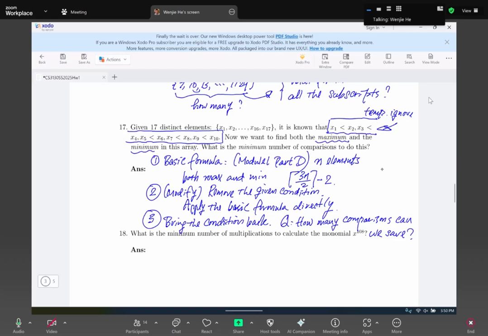Think in that way, because the given condition actually does those comparisons. So you can think in this way: the given condition covers some of the comparisons, right?